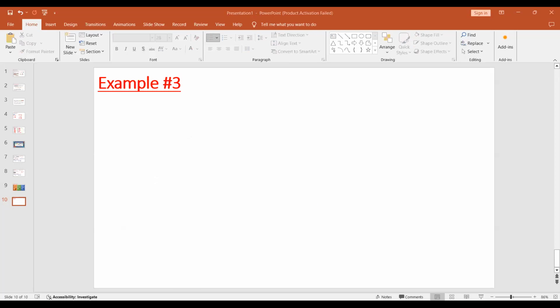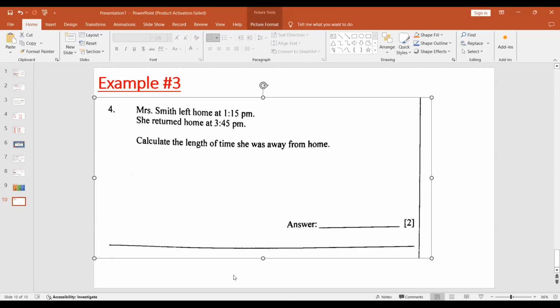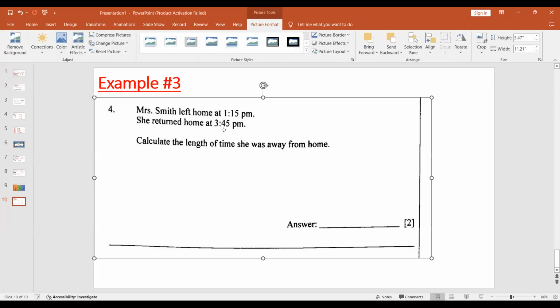This one is actually taken from, I think, a 2021 past paper. It says that Mr. Smith left home at 1:15 p.m. He returned home at 3:45 p.m. Calculate the length of time that he was away from home.